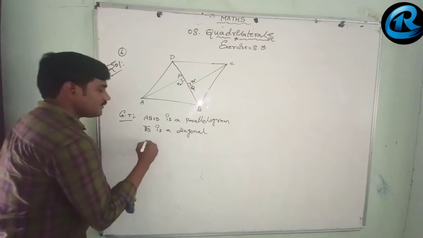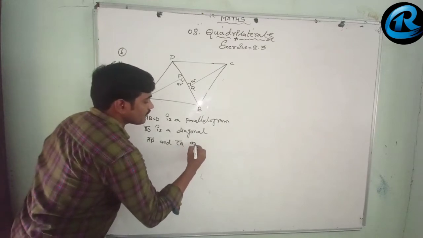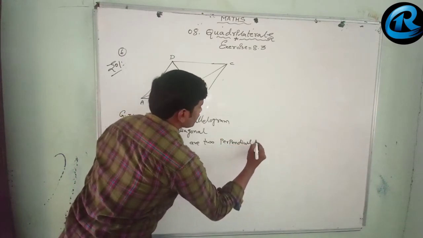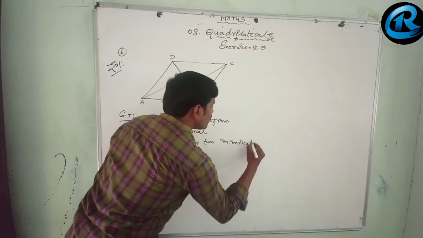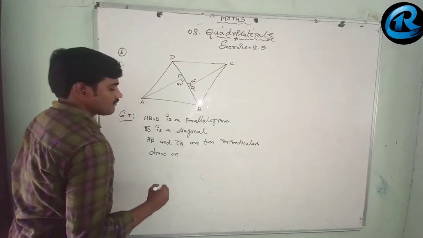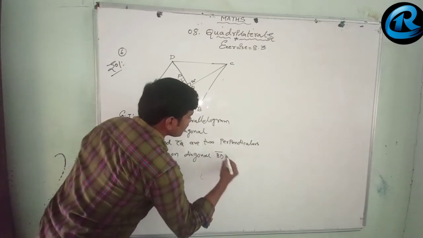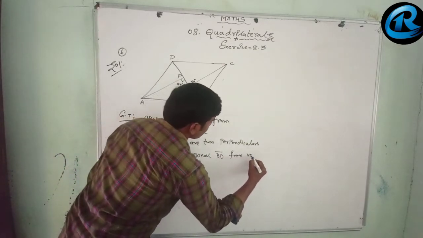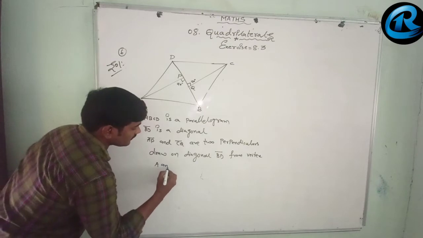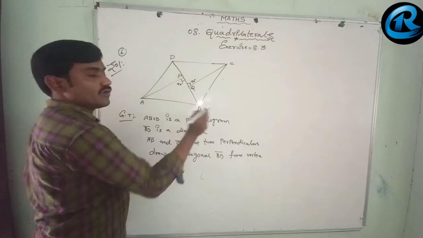AP and CQ are two perpendiculars drawn on the diagonal BD from vertices A and C. From vertices A and C, AP and CQ are drawn on the diagonal BD.